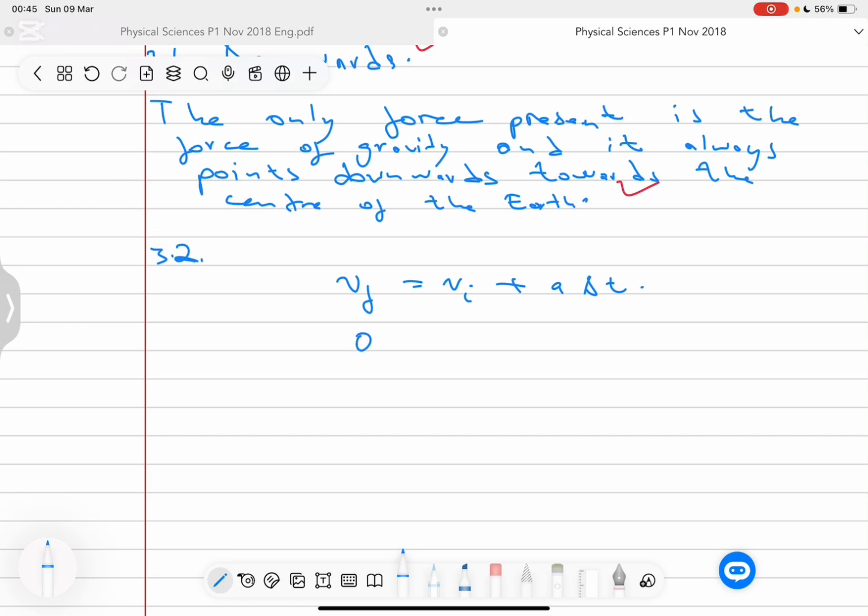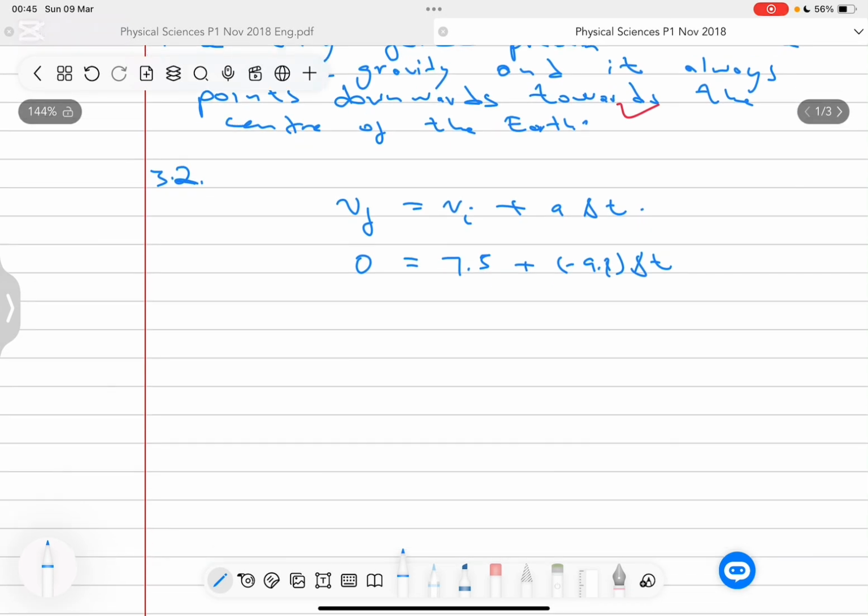Now the final velocity is 0 because it's the velocity at the maximum height, and this object starts moving at 7.5 plus negative 9.8 times change in t. So this means I'm going to have a negative 7.5 because I'm taking this to this side, it's going to be negative, and I'm left with negative 9.8 times change in t.